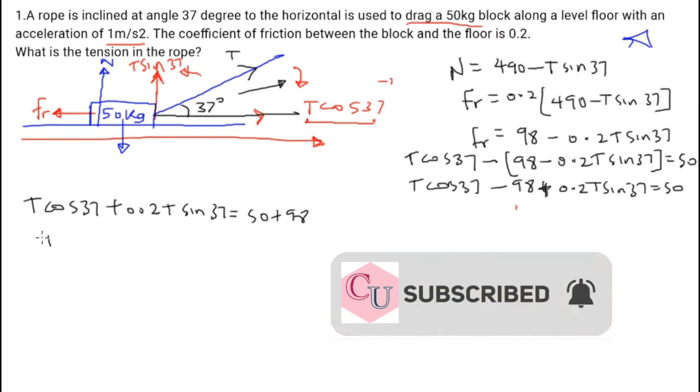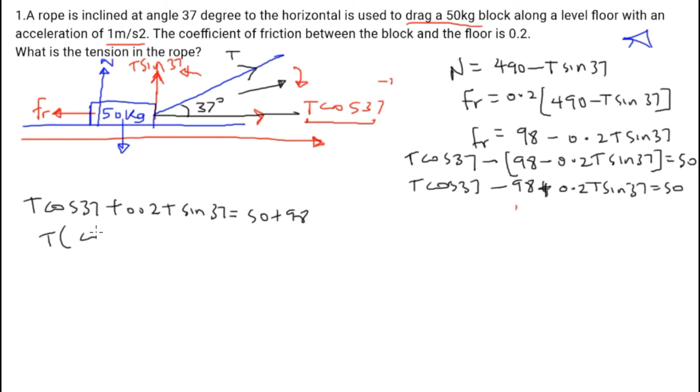Now t is common to both sides, so I can have cosine of 37 plus 0.2 multiplied by sine 37, which is about 0.12 plus cosine of 37 degrees, which is equal to 0.118.